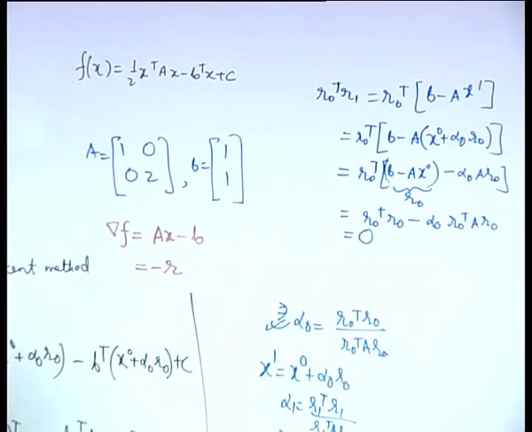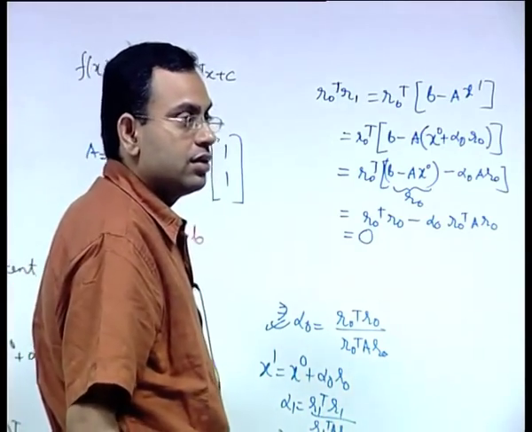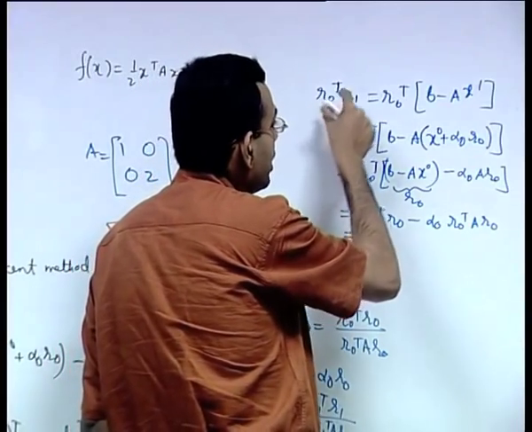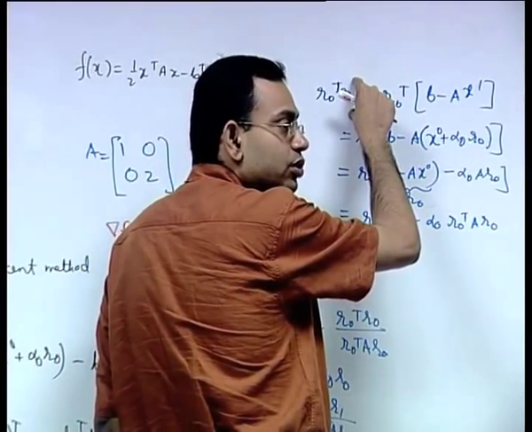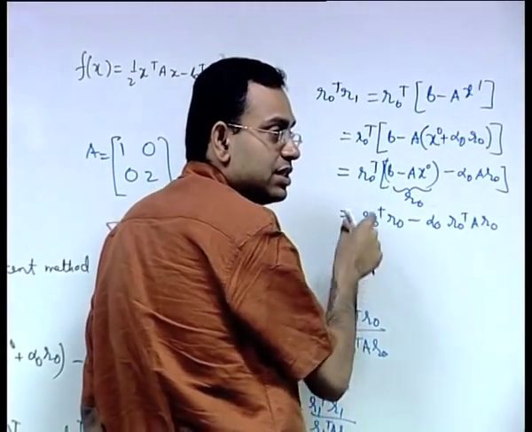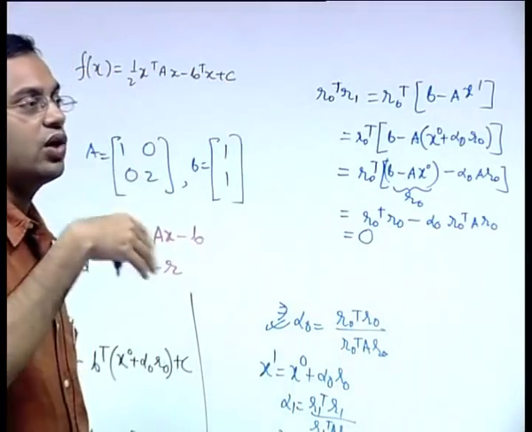So what does it show? r0 transpose r1 is 0. That means if you multiply the elements of r0 with the corresponding elements of r1, both are vectors, you get the result 0. That means just like physical vectors, it is like an extension of the dot product.